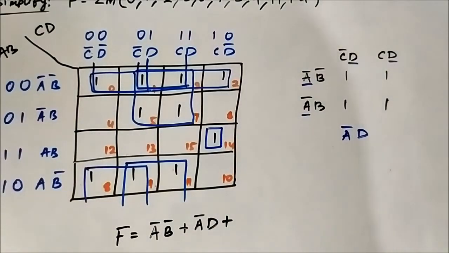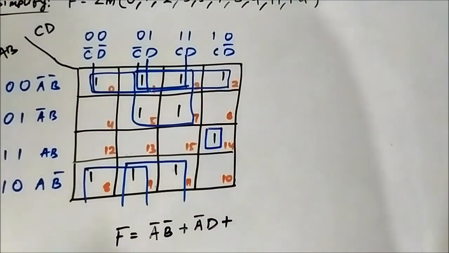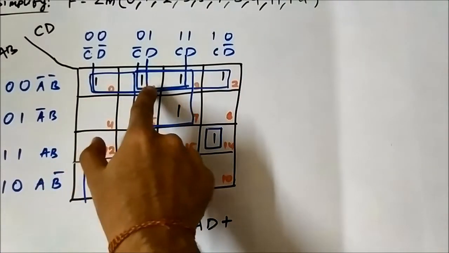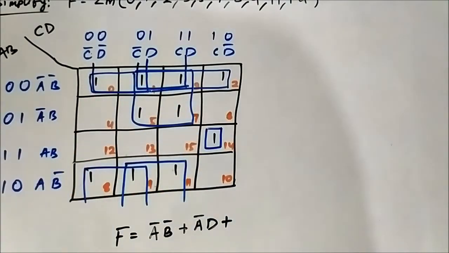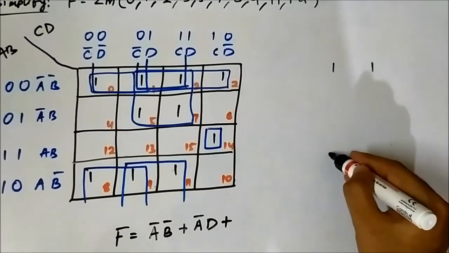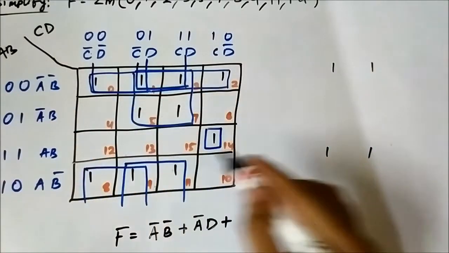So here A bar D will also be part of the simplified Boolean expression. Next, let us consider the quad involving cells 8, 9, 0, 1. These two and these two, 0, 1, 8, 9.